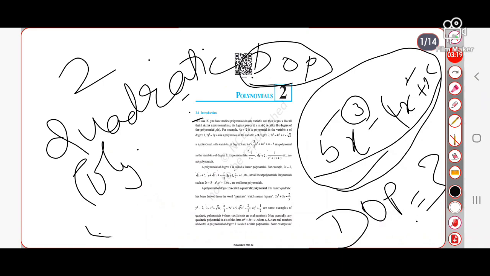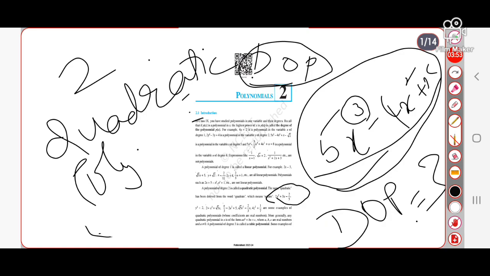When the highest degree in the entire equation is 2, it is called a quadratic polynomial. An example is 2x square plus 3x minus 2 by 5. Here the highest degree value is 2, that is x square, so that becomes a quadratic polynomial.